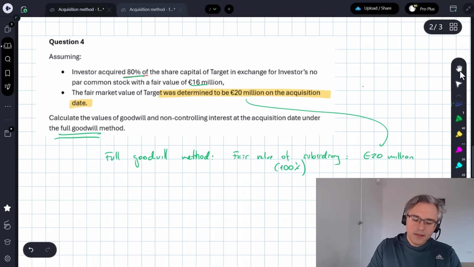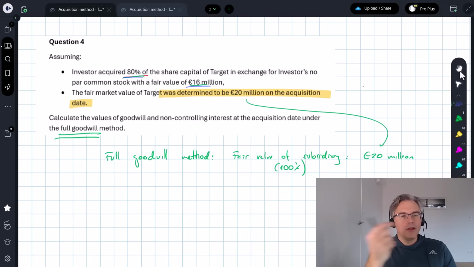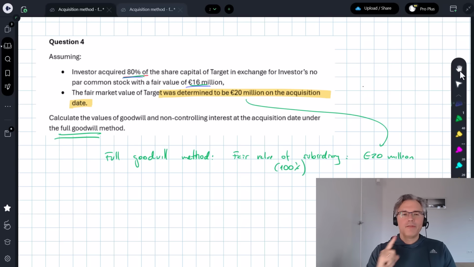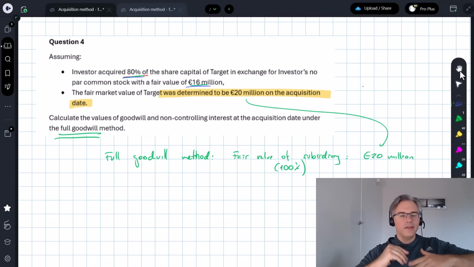If they paid 16 million for 80% or 4/5 of the company, what would they pay for the 5/5, the 100%? And by linear extrapolation, you would get to 20 million, right? Which is not necessarily the approach one needs to follow, because sometimes paying for the full company is not just a scaling up of what you paid to buy less of it.